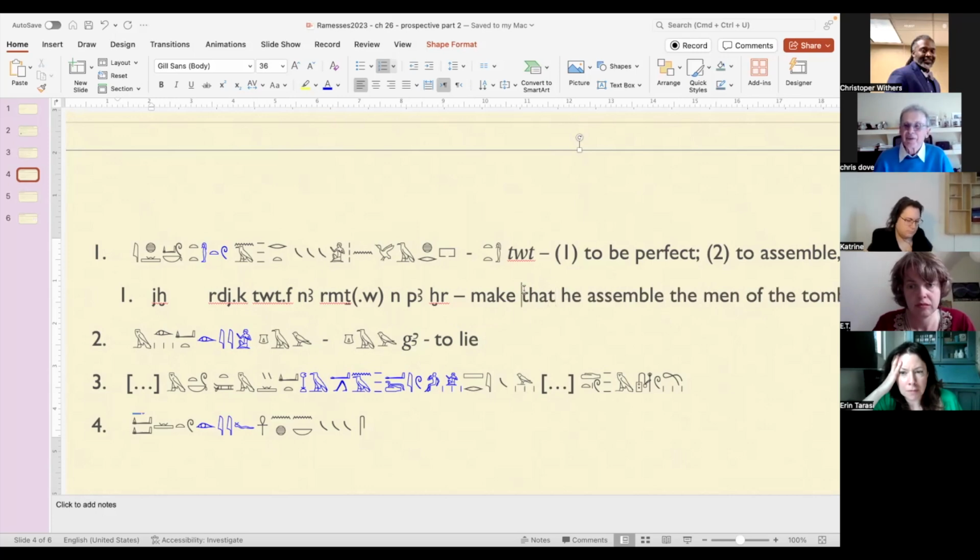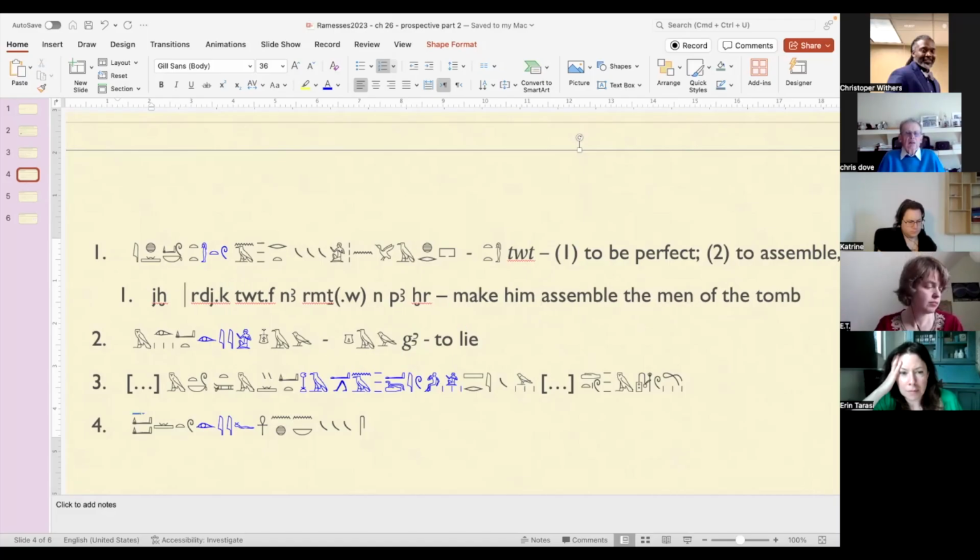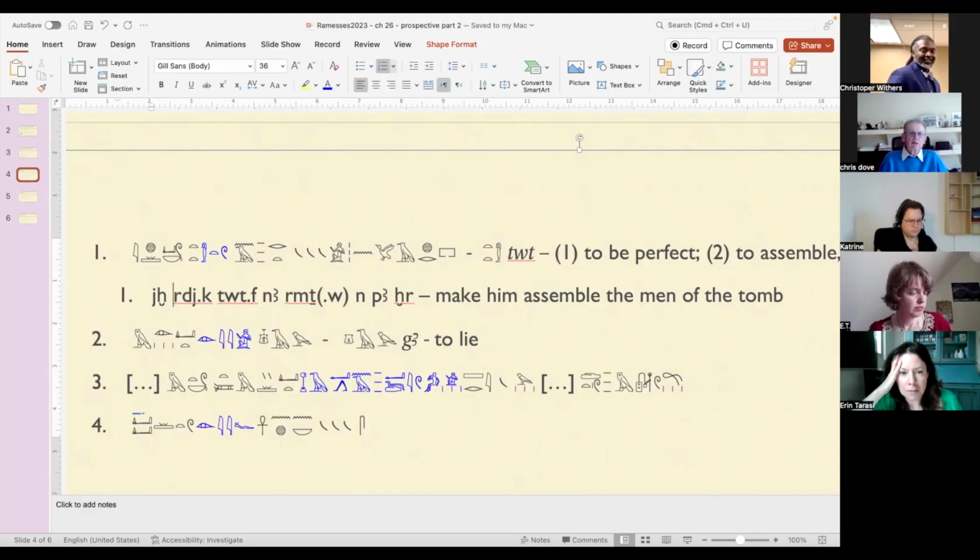So we would say make him assemble, which is very different from the Egyptian construction. Because in Egyptian you really say, may you give that he assemble the people of the tomb. And then the ich is just to make it a wish. Something like, please make him assemble.